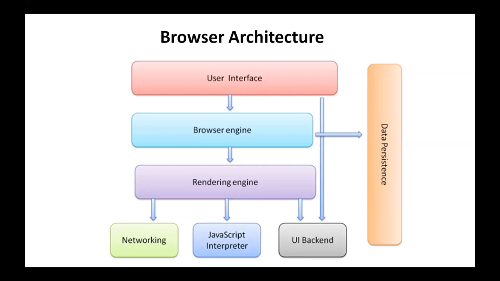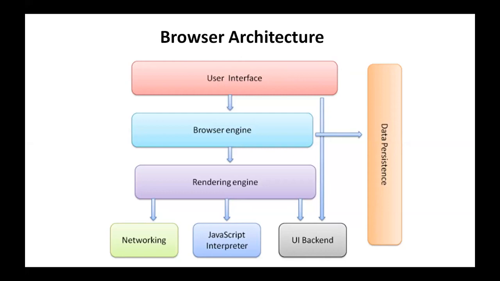Networking is responsible for transporting data; later I will explain it in detail. The interpreter is responsible for converting JavaScript into something understandable for the browser. It is actually a JavaScript translator. And data persistence is nothing but local storage, like cookies and local storages, which are kept in persistence.